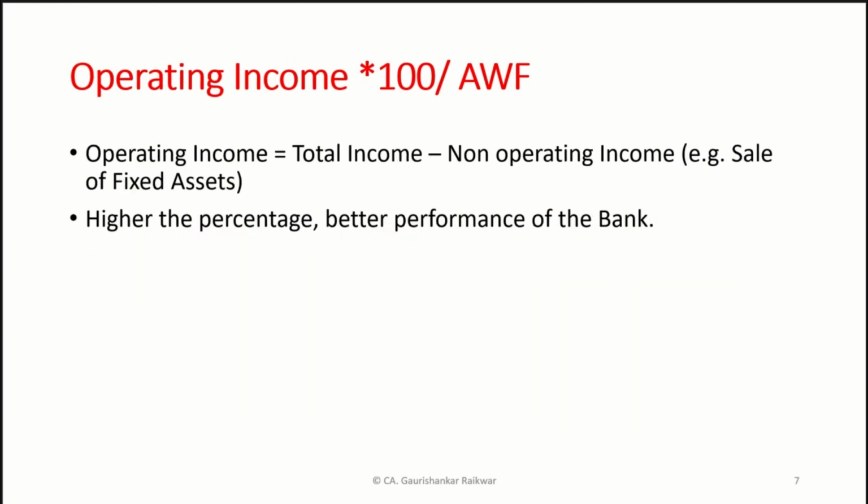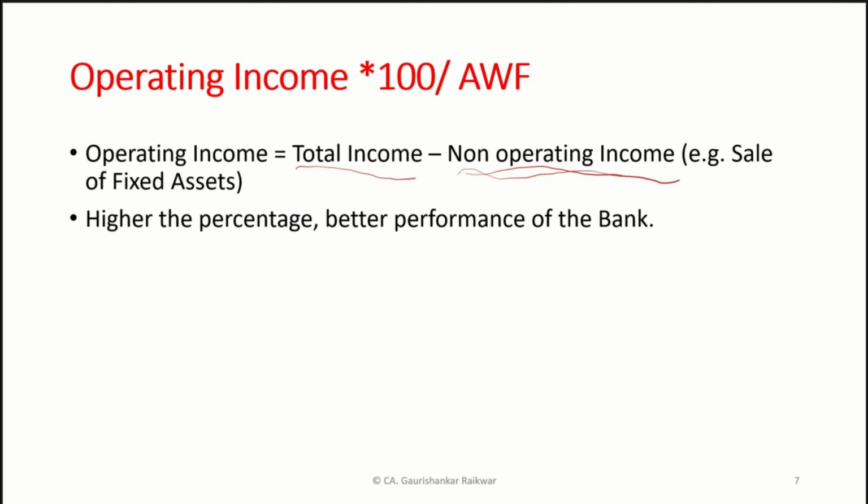Then operating income. What is the operating income? Operating income means total income minus non-operating income. Operating income means the income which is generated through the normal operation of a bank. For a bank, interest income is an operating income.